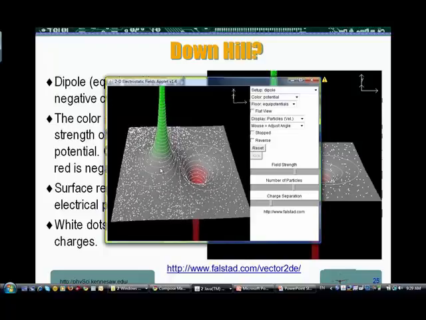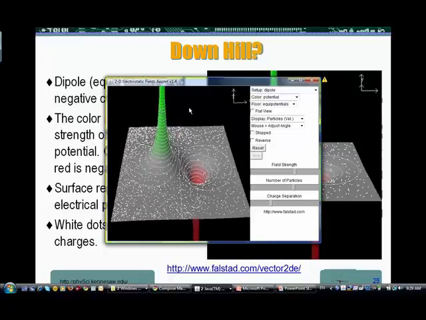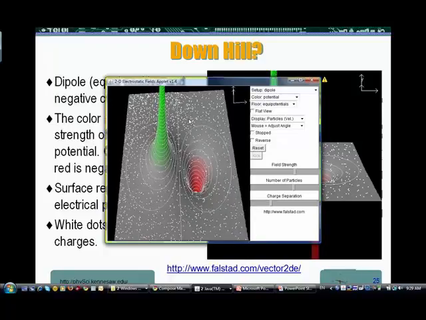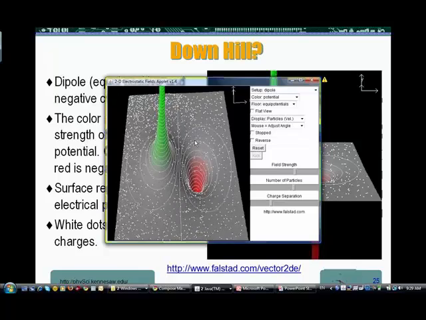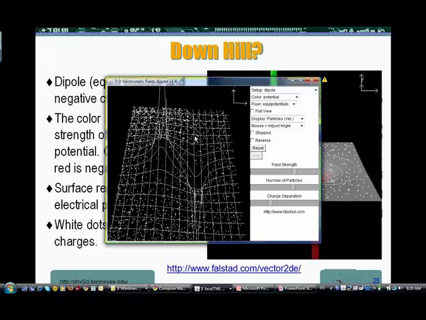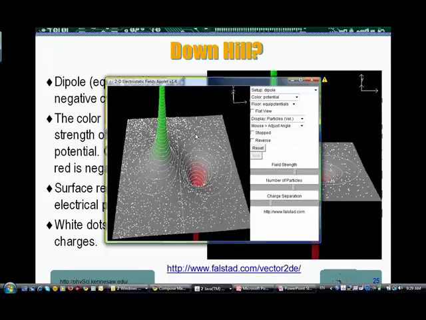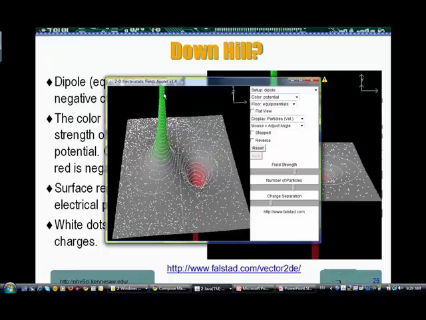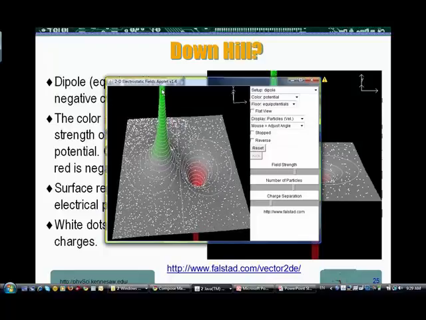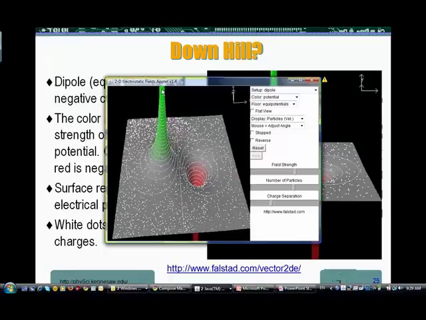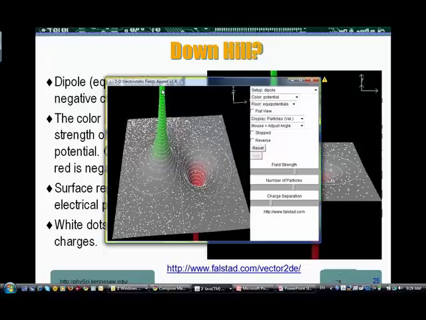The height of the mountain determines the strength of my electrical field. Now you notice as we get closer to the charge, we don't see a tip here, because as we get closer to the charge, it gets larger and larger.